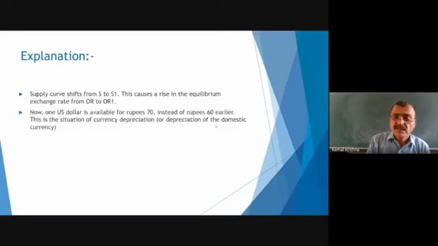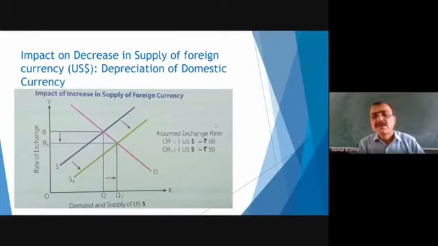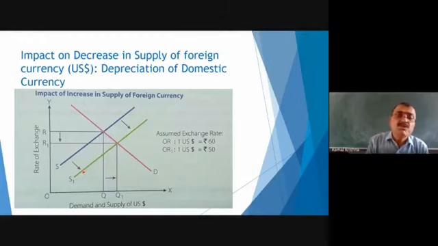Next is the impact of a decrease in supply. In the impact of decrease in supply, there is a little bit of a mistake in making this diagram. What happens when the supply decreases from S to S1?